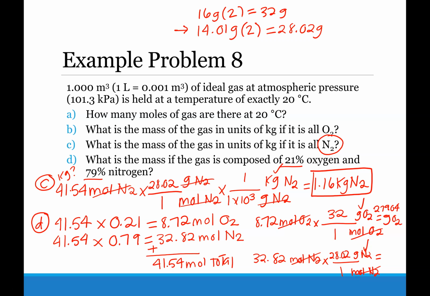So 32.82 times 28.02 equals 919.616. So we'll go with 919.62 grams.